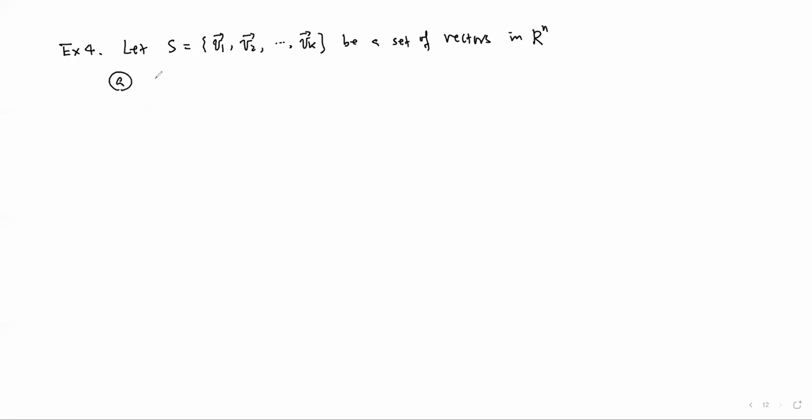A. If k, the number of vectors in a set, is greater than n, the number of entries in each vector, then S must be a linearly dependent set.